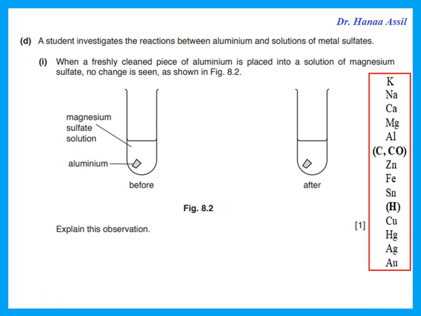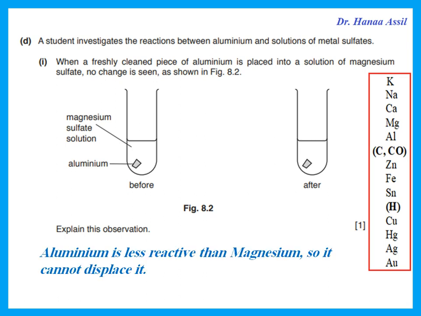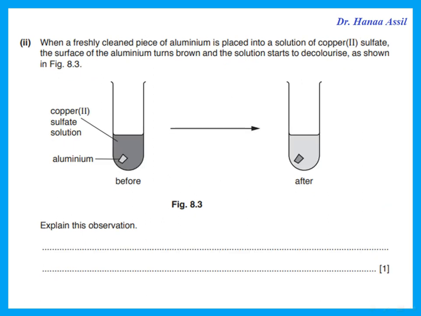So if you look at the reactivity series, only metals above or more reactive can displace the metals below. So if I put aluminium in magnesium sulfate, it doesn't react because aluminium is less reactive than magnesium, so it cannot displace.